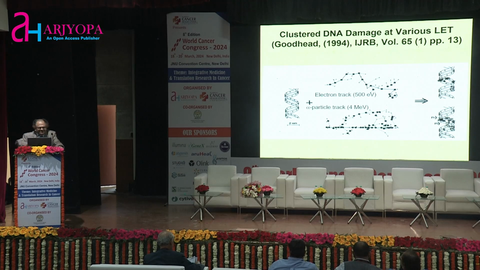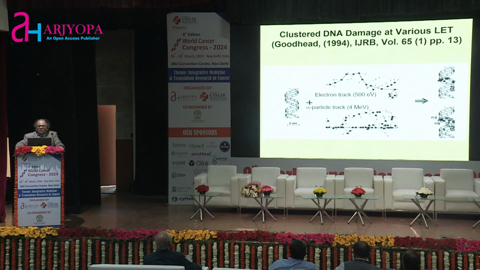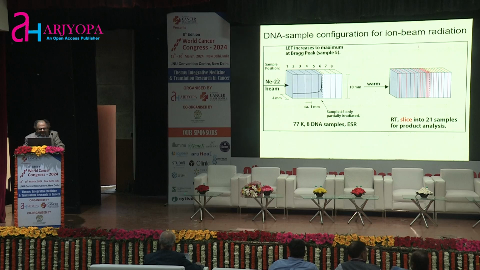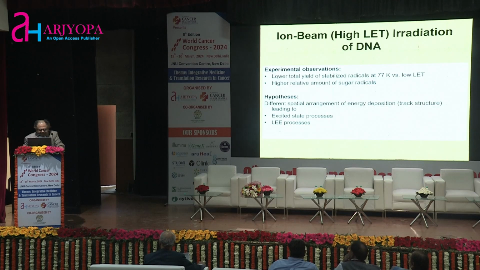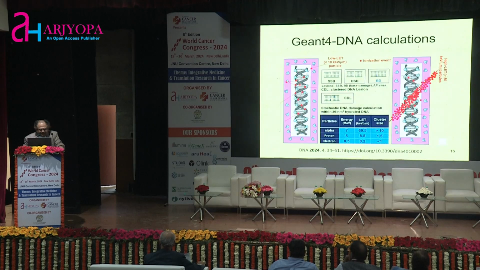Yeah, so as you see, because of the track structure of the high LET radiation, a lot of energy is deposited in the core. So what will happen? The number of recombinations will be maximum. And so in the core, the amount of the sugar radical formation will be the maximum. And that's what we find.